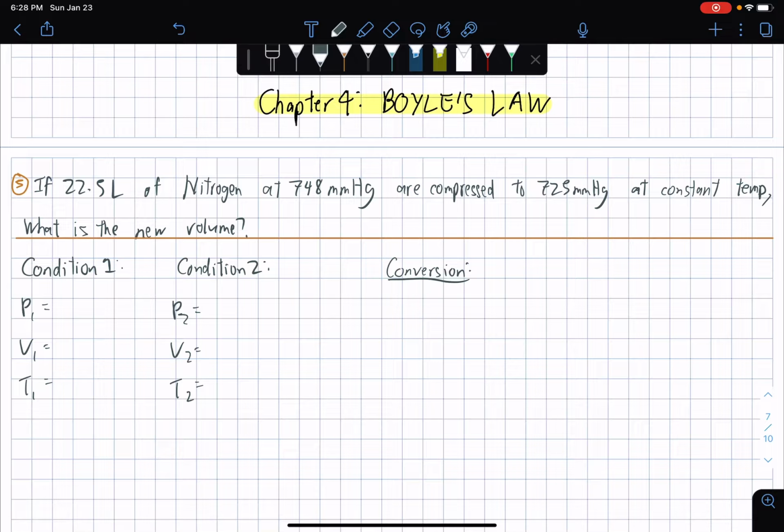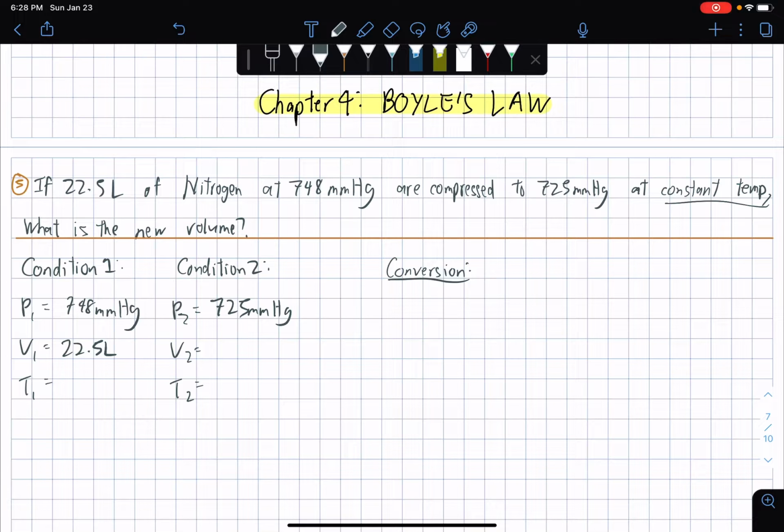So, 22.5 liters, that is our volume 1, of nitrogen at 748 mmHg, and then compressed to 725 mmHg. Right, that is P2. At constant temperature. Give me a few seconds to reconsider that part. Constant temperature.